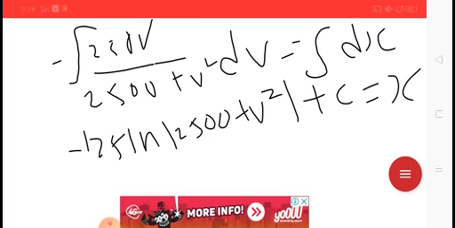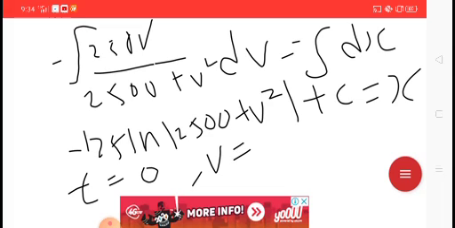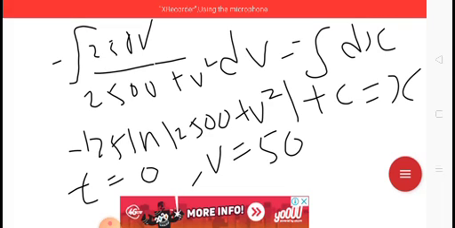And you should put in the initial condition: when t equals 0, v equals 50. And don't forget x equals 0 at the beginning.